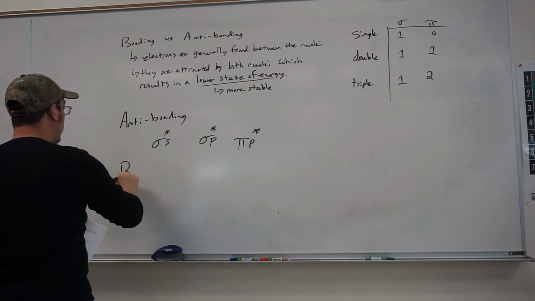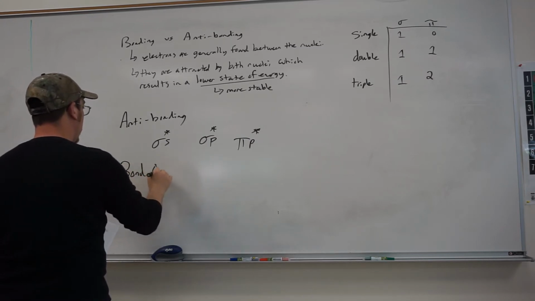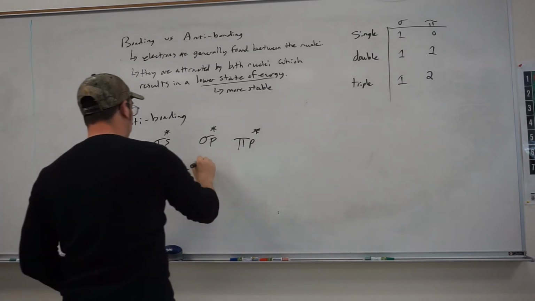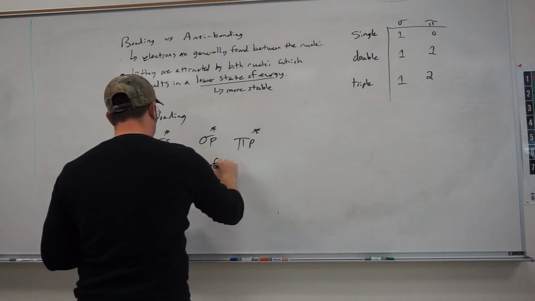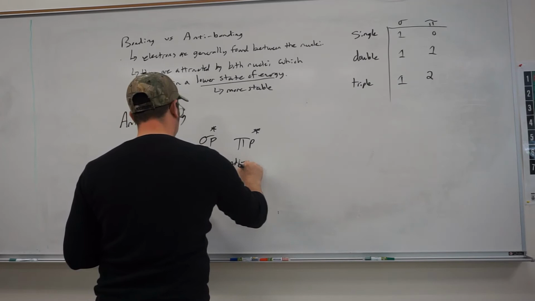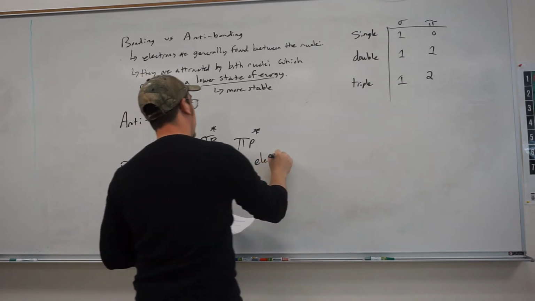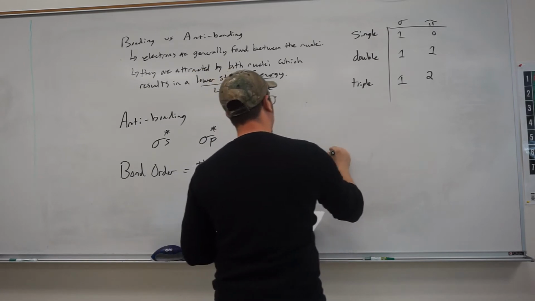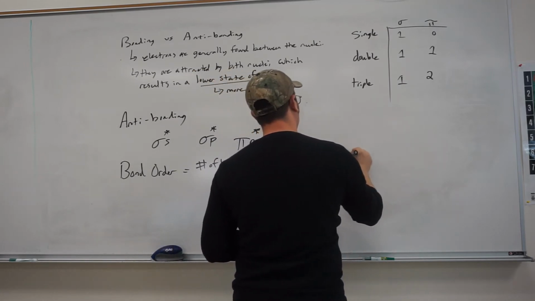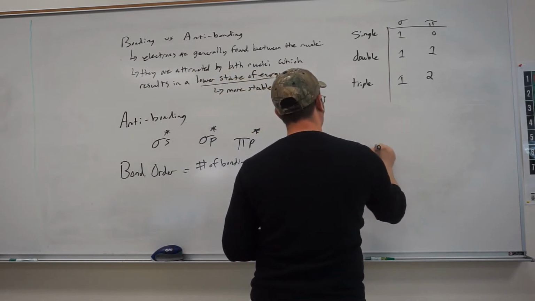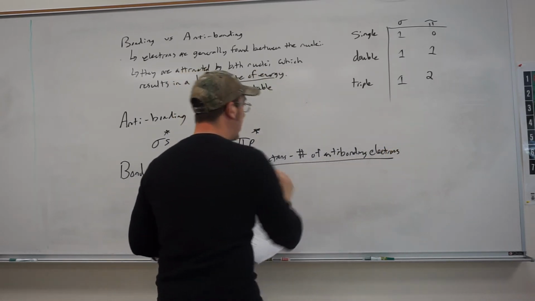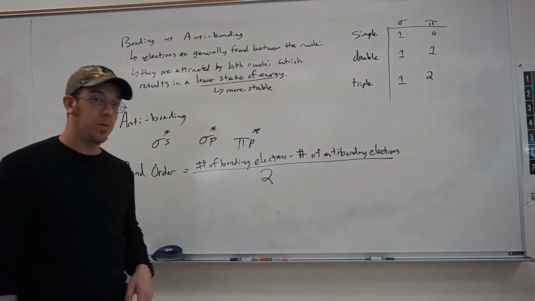What those do is they help us to determine the bond order. The bond order is equal to the number of bonding electrons minus the number of anti-bonding electrons, divided by 2. We divide it by 2 because how many electrons are per orbital? 2.